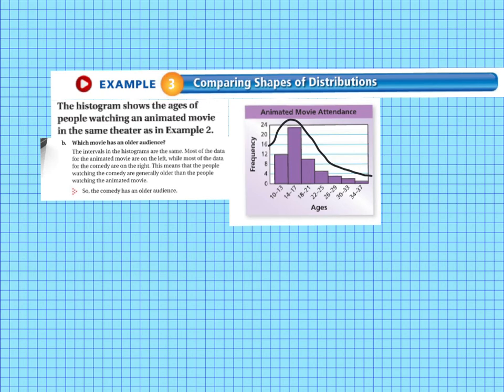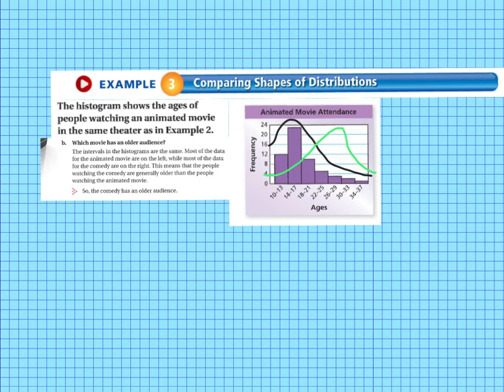So we started with younger ages on the left, while most of the data for the comedy are on the right. So if you recall, the comedy ages skewed the other direction. It went like this. This means that the people watching the comedy are generally older than the people watching the animated movie. So the comedy has an older audience.